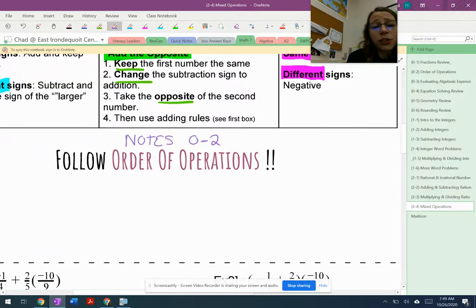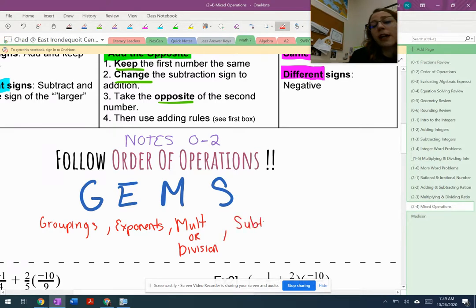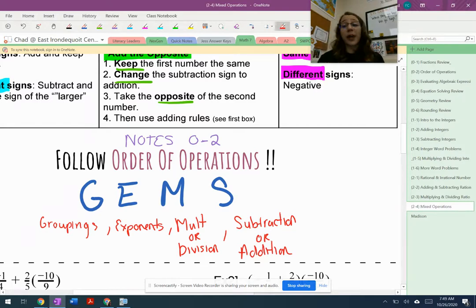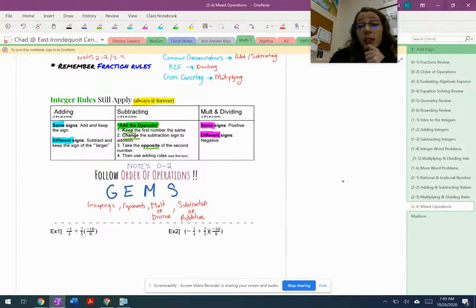So 0-2, order of operations, is that fancy acronym GEMS, where you are starting off with your groupings first, followed by any exponents, multiplication or division, whichever comes first from left to right, and then finally subtraction or addition, again, whichever comes first in order from left to right, the way that you read. Very, very important. Use your notes. We'll take a look at examples in the next video.